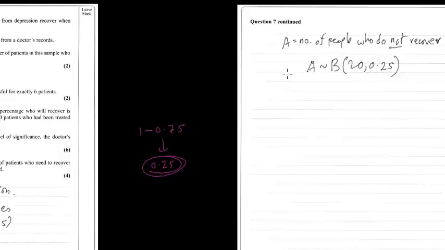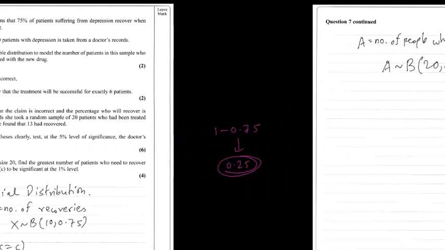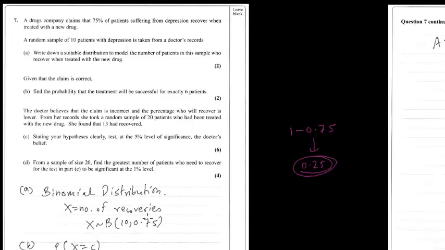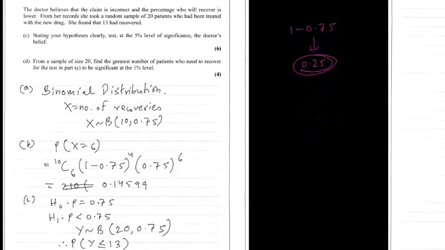Okay, now if you think about it, previously it was less than or equal to 13. So what does that mean? If 13 or fewer people recover, there are 20 people in the sample, so if 13 people recover, that means 7 people do not recover. If 12 people recover, that means 8 people do not recover.